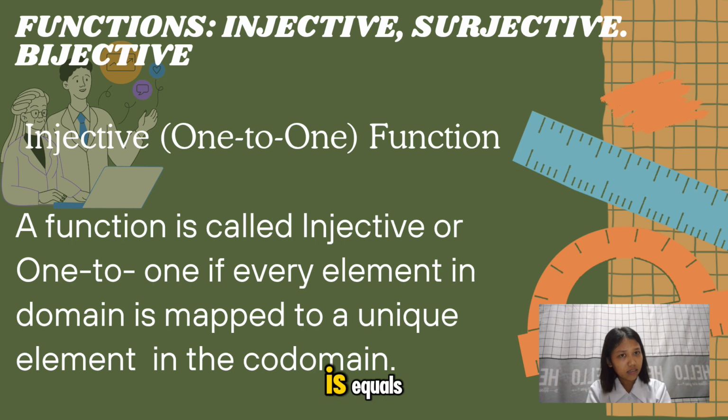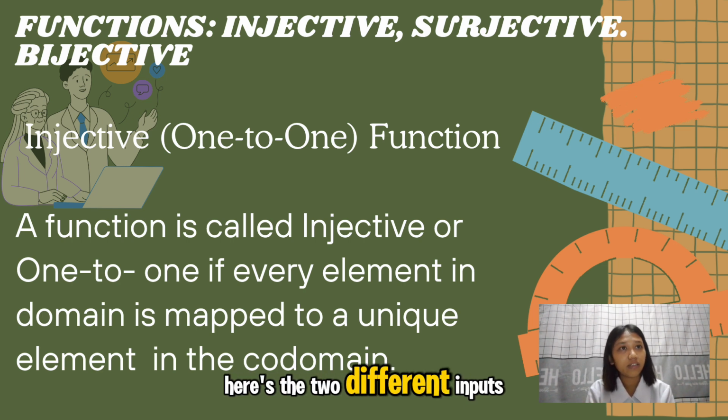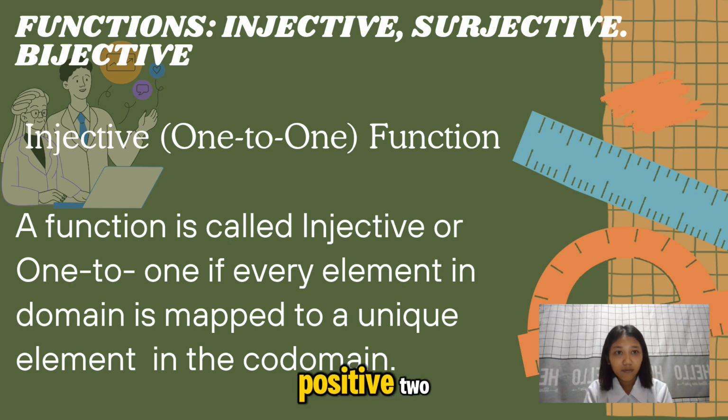And if x equals negative 2, then f(-2) equals positive 4, because negative 2 times negative 2 results in positive 4. So here are two different inputs, positive 2 and negative 2, that give the same output, 4. That means f(x) equals x to the power of 2 is not an example of an injective function, right?